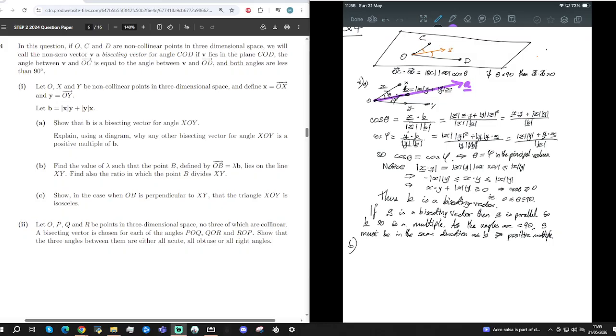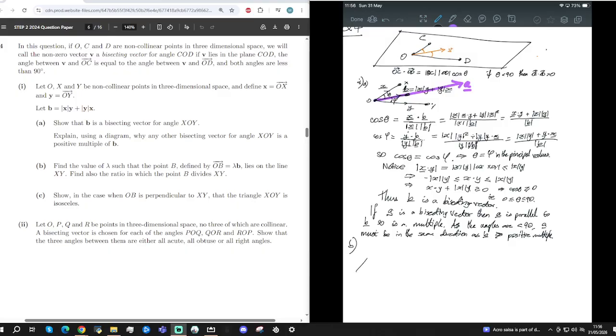Part B then. Find the value of lambda such that the point B, defined by a multiple, lies on the line xy. Okay, so we've got the direction of our bisecting vector, but now we want it to lie, we want to complete the triangle basically.